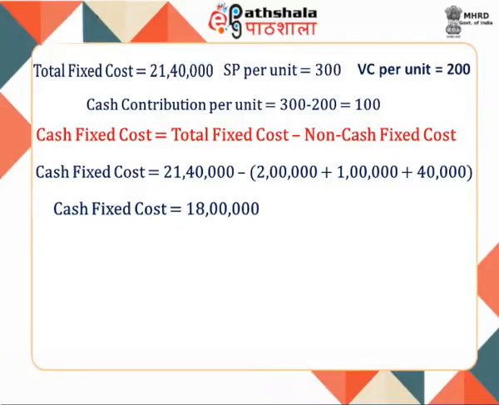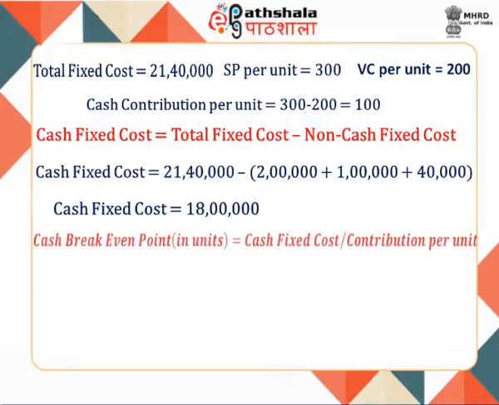Therefore, the cash fixed cost comes out to be rupees 18 lakhs. Cash break-even point in units is equal to cash fixed cost divided by cash contribution per unit, that is 18 lakhs divided by rupees 100, which comes out to be 18,000 units.